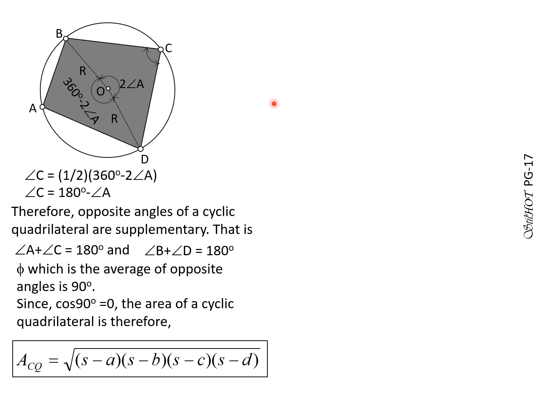Another formula for the area of a cyclic quadrilateral is in terms of the radius of the circle. Remember, for a triangle, ABC over 4R, that's my mnemonic guide in memorizing the formula for the area of a quadrilateral in another way. Let's call the sides A, B, C, D. It is the square root of, there are 3 factors, but it's not A, B, C here.